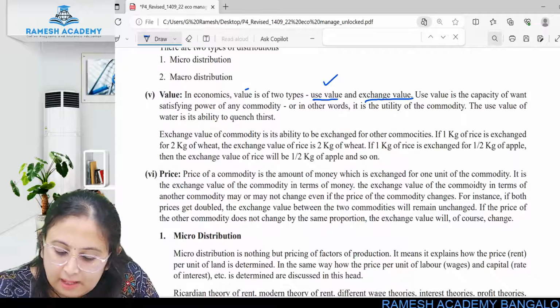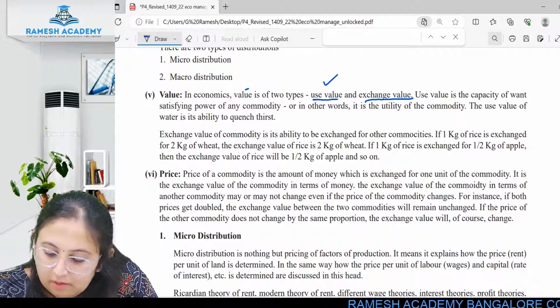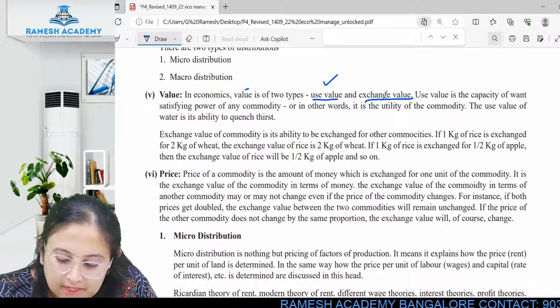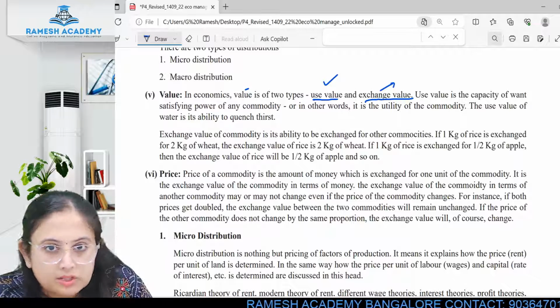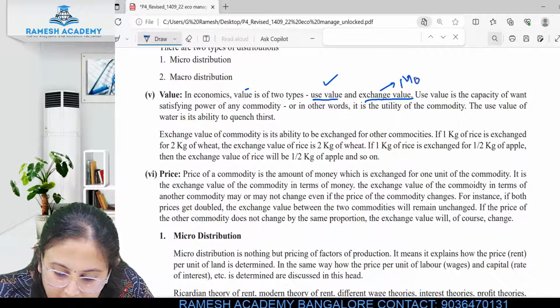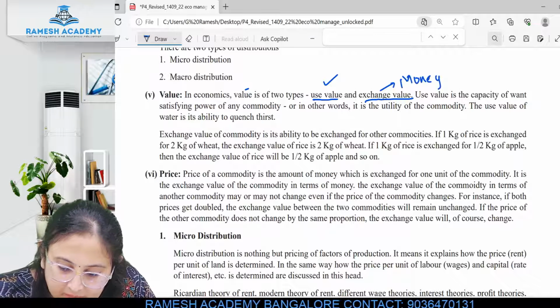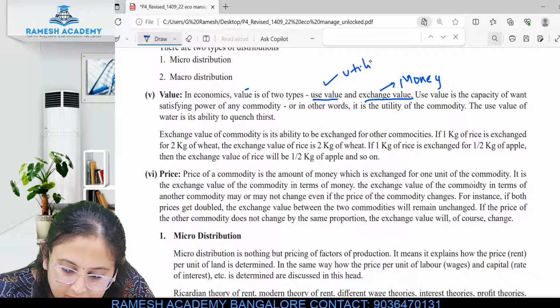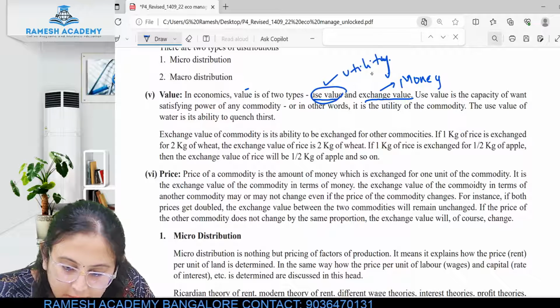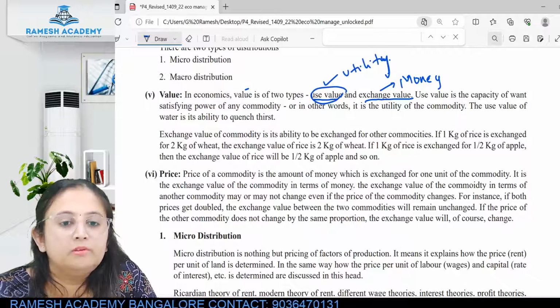Exchange value is the ability to be exchanged for other commodities. So exchange value, now we are exchanging in terms of money, no? So this is money. This is utility. Okay, you have to understand like this. Use value is the utility value, exchange value is the money value.